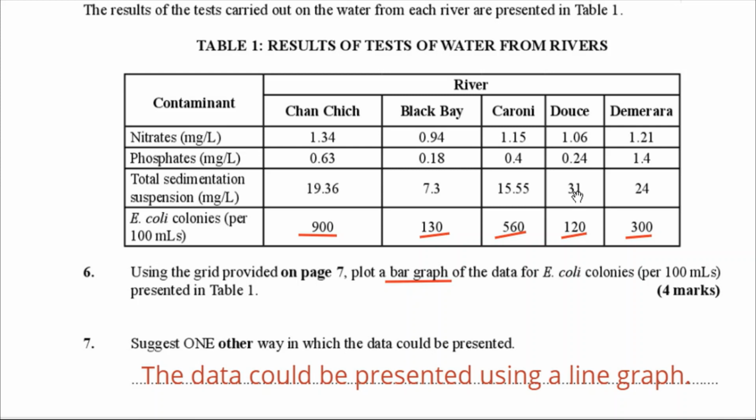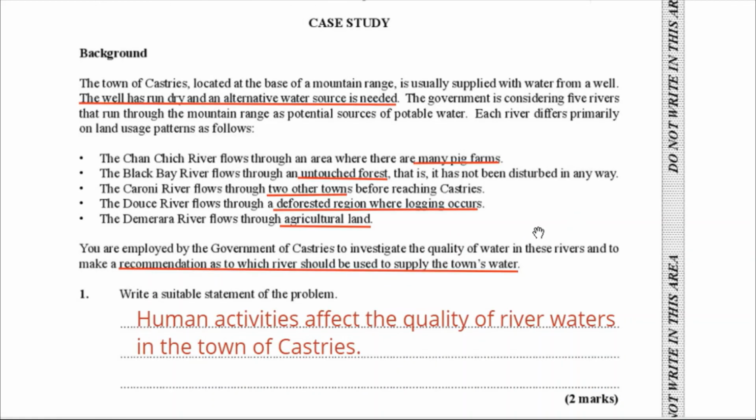For the reasoning, let's go back to find out where the Deuce River is located. The Deuce River flows through a deforested region where logging occurs. So you can put 2 and 2 together. If a lot of trees are being cut down, you're going to end up with a lot of soil erosion.